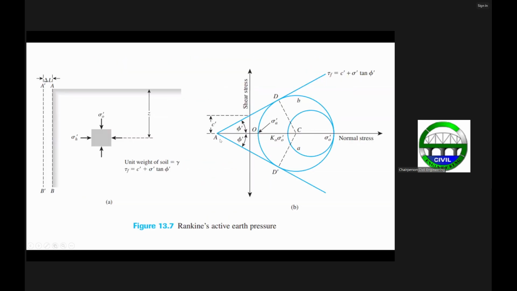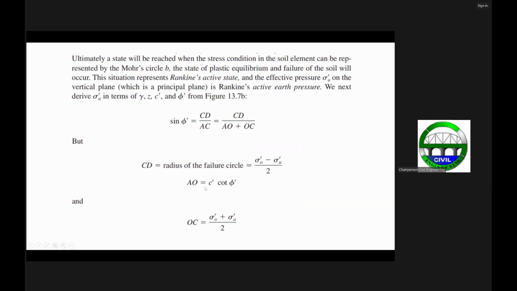And then AO, with respect to phi prime and c prime here, just creates a triangle. Then we can have AO equal to c prime times the cotangent of phi prime.